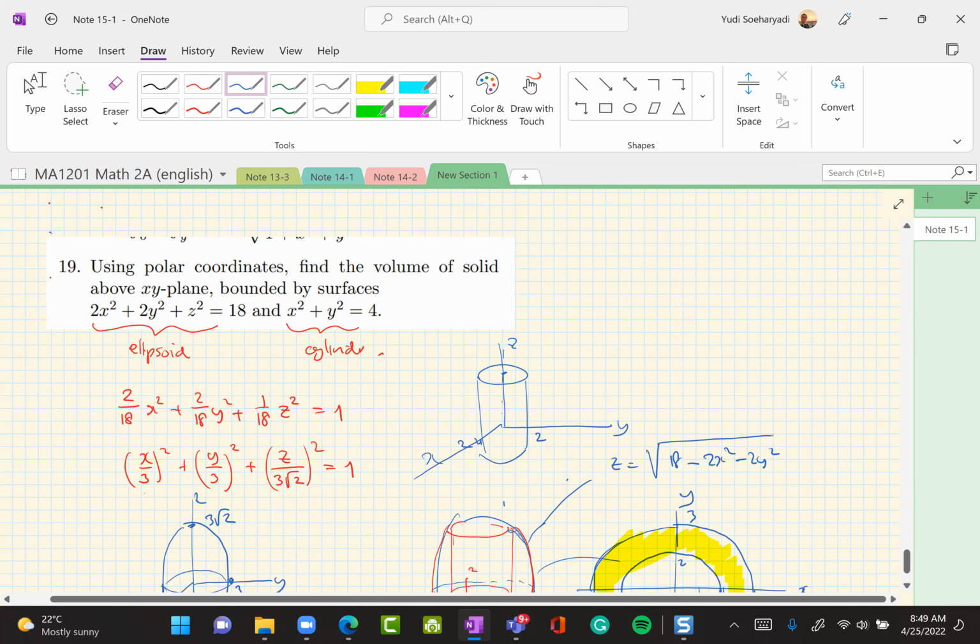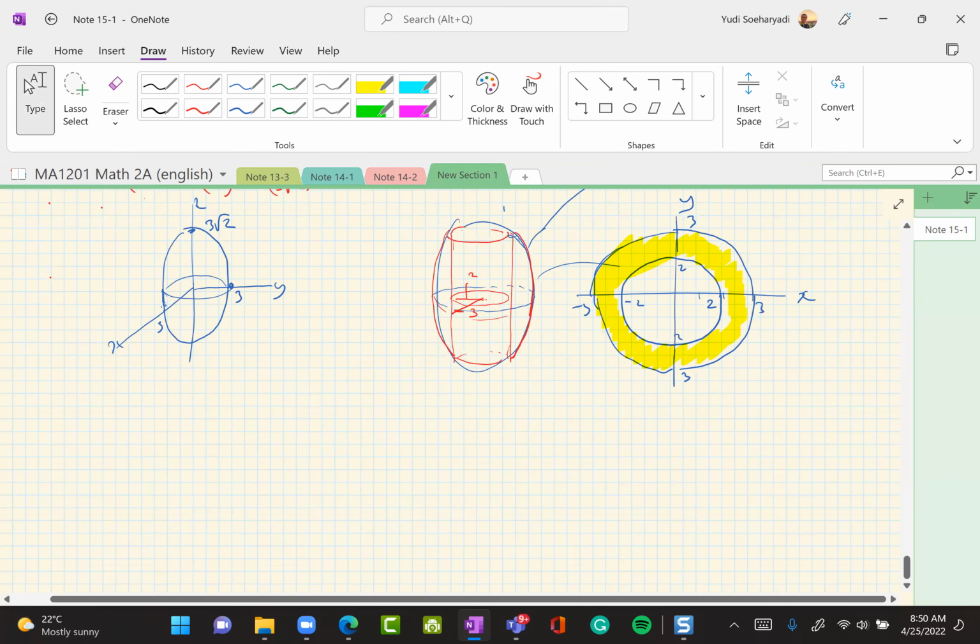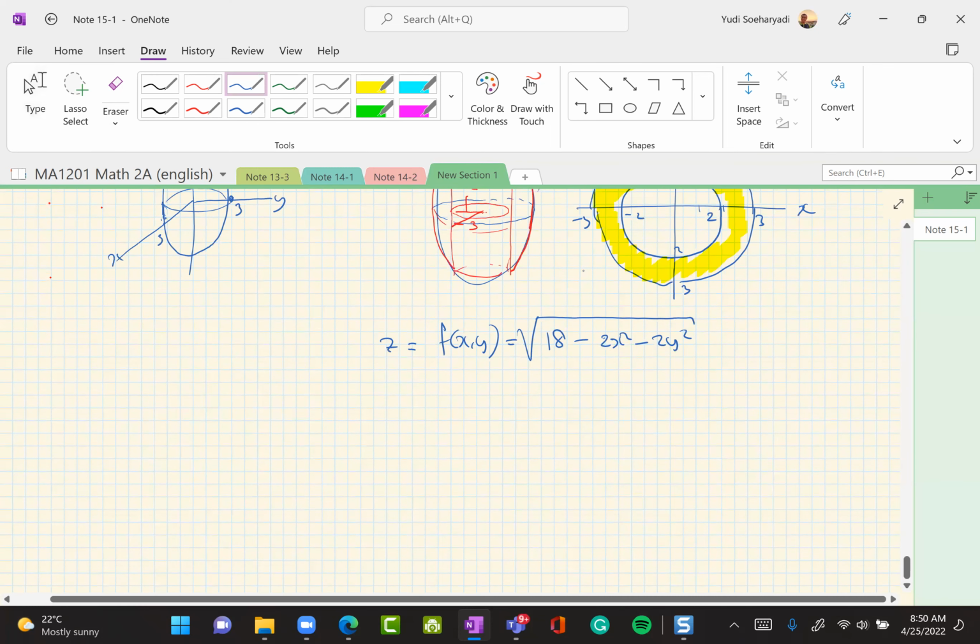So the function to integrate is this one, over this area.